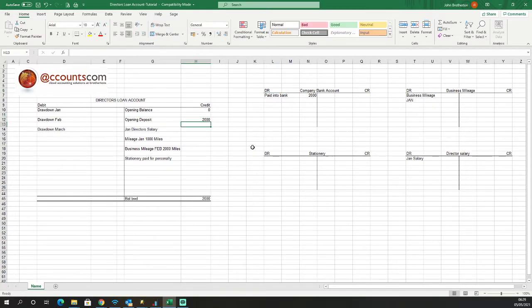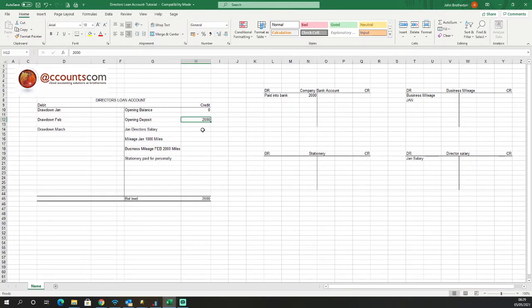our director's loan account. So that is effectively what a director's loan account is. We're saying we've lent the money to the company, £2,000 has been lent to the company, we've got £2,000 gone into the company bank account, and we're now a creditor of the company effectively.